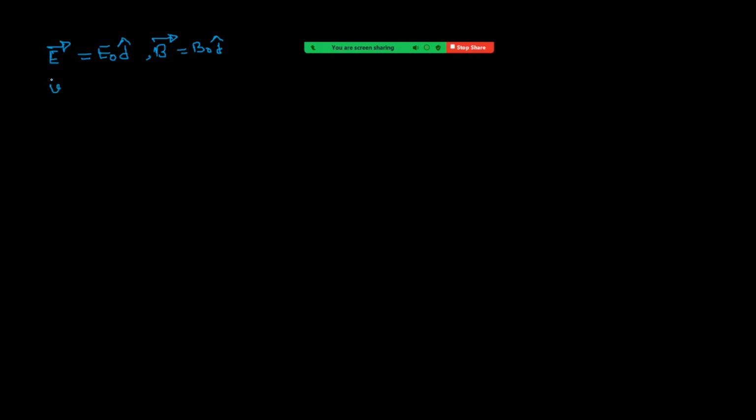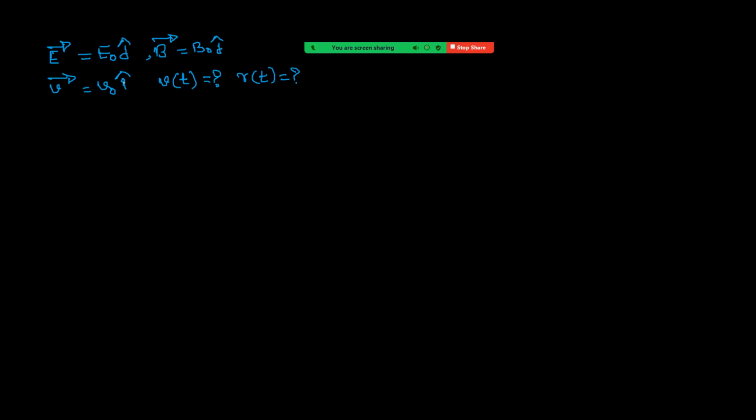And velocity vector is along positive x-axis, v naught i cap. So we have to find velocity as a function of time. Next, the position vector as a function of time. Right, so now see how to start it.